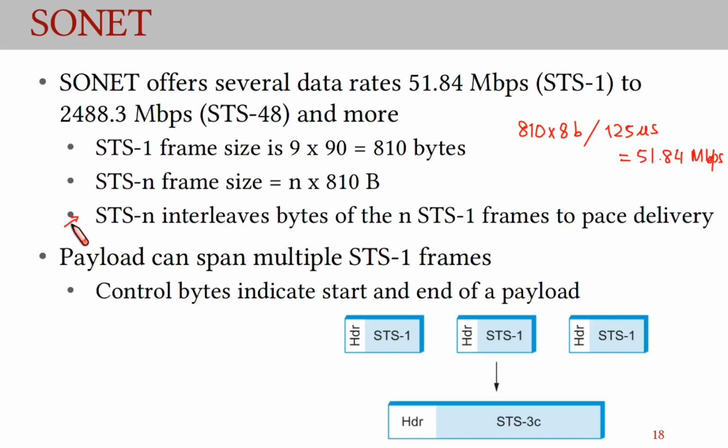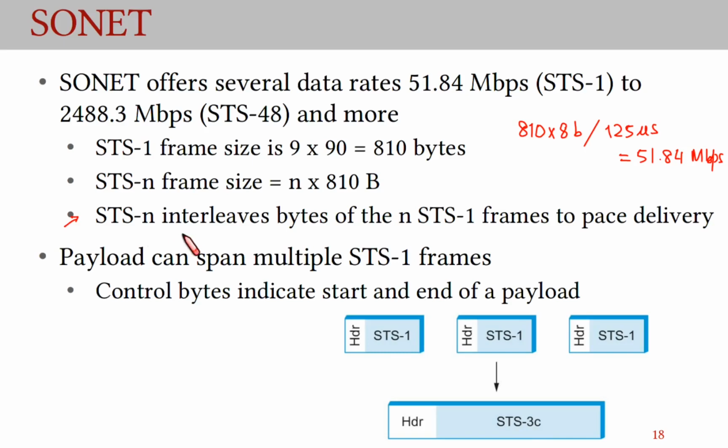An STS-N frame usually interleaves the bytes of N STS-1 frames just to pace the delivery of frames at the receiver. However, there exist concatenated frame standards where STS-1 frames are sent back to back as shown here, and those standards go by C after the number.